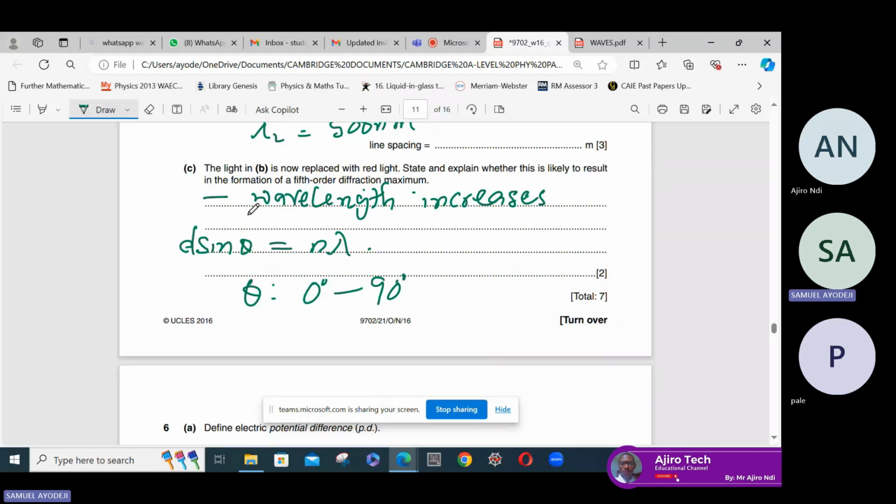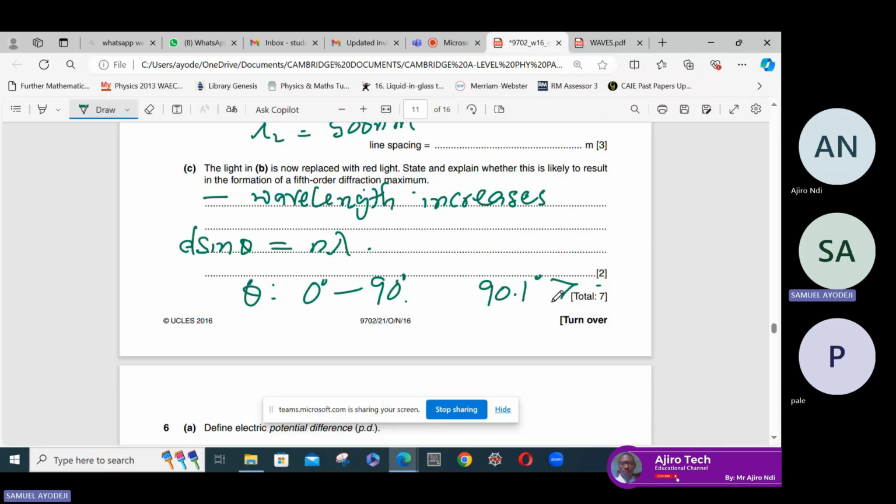But if it is 90.1 and above, it is not possible.